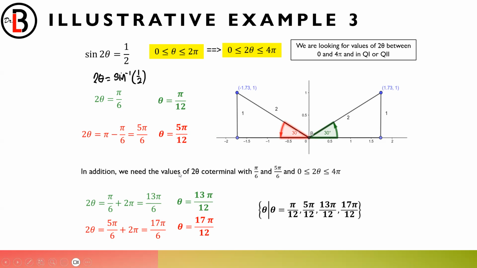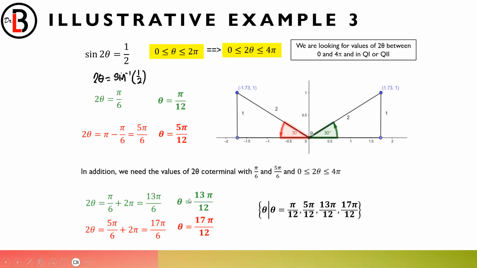However, look at this. In addition, we need values of 2 theta coterminal to this one and this one. So what are the coterminal values? Because here it says from 0 up to 4 pi, I know that my answers are only within one revolution. So I'll add another revolution to this. It's 13 pi over 6.